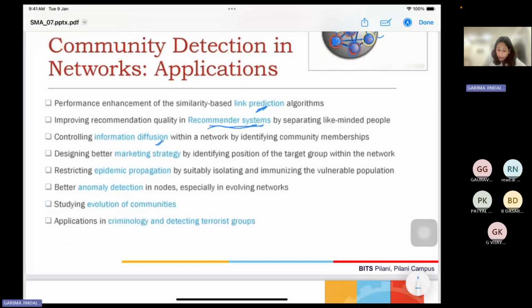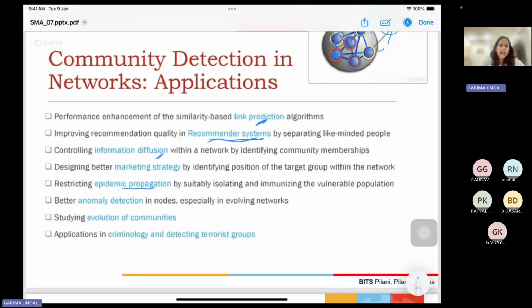Then again, we have epidemic propagation. Epidemic study is nothing but studying how diseases spread in the network. Generally we have these networks, and there will be certain nodes sitting in between certain communities. These will be the nodes with high betweenness centrality. Whenever we are vaccinating people, we need to identify these nodes in order to avoid spreading the disease from one community to another.